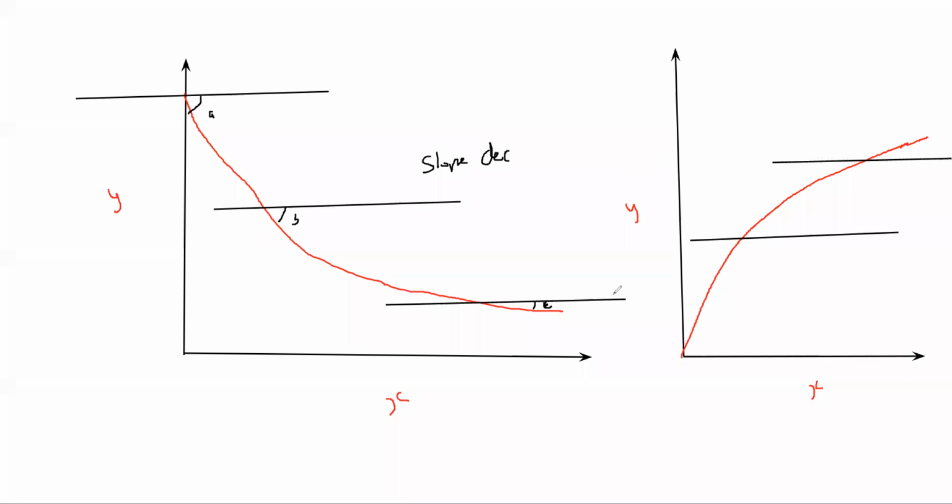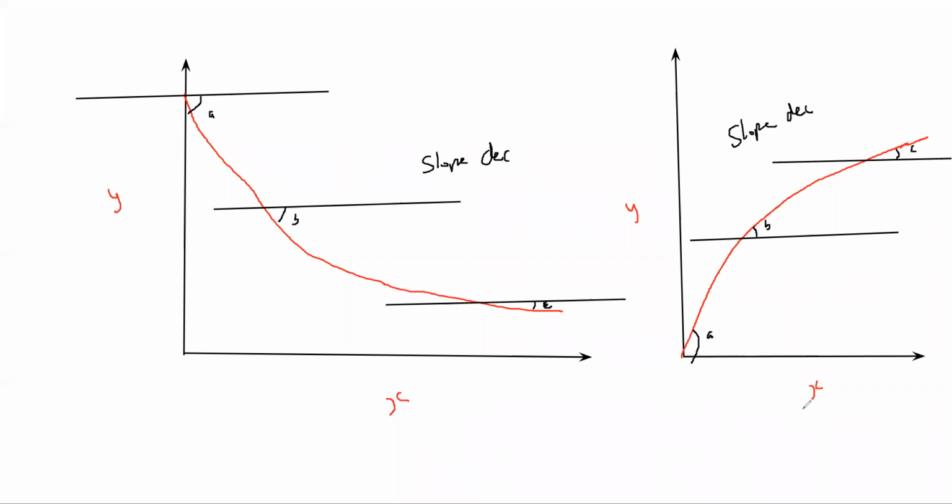This was the first angle, angle A. This is the second angle, angle B. And this is the third angle, angle C. What happened to the angles with the x-axis, are they increasing or decreasing? Increasing. So if the angles are increasing, it shows that the slope is also increasing, because the term slope means angle with the x-axis.